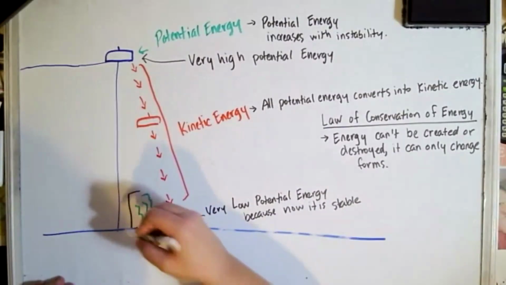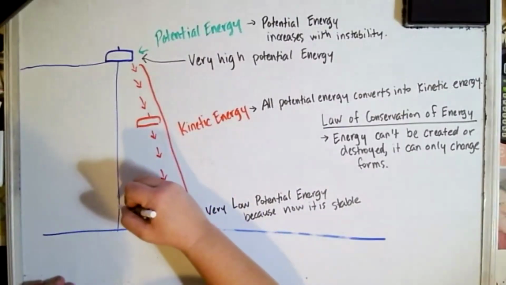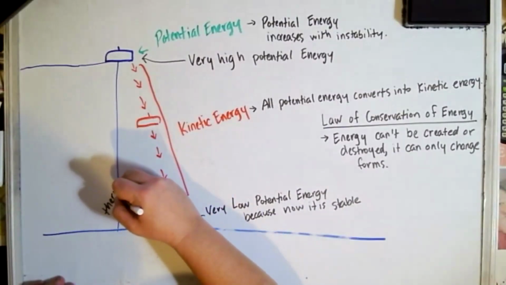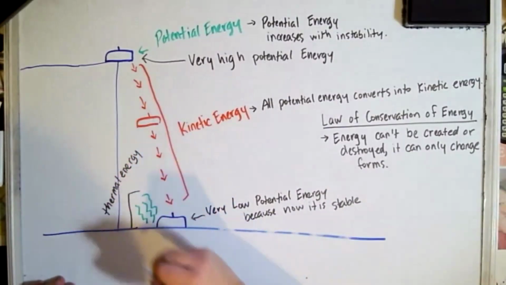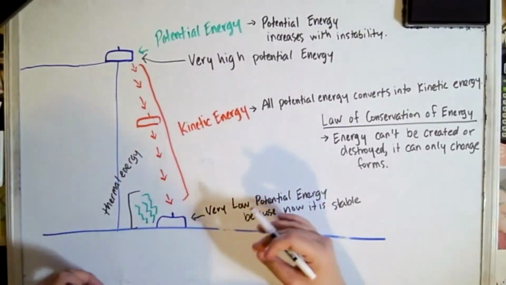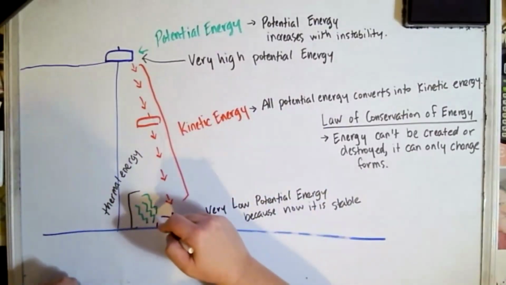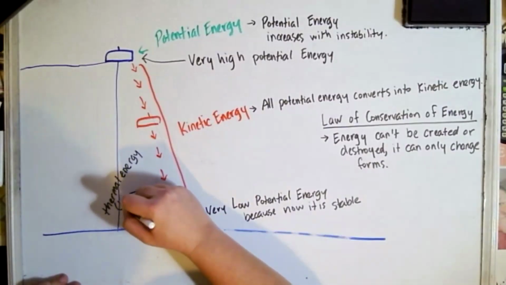These are little heat marks there. So this is going to be our thermal energy. Thermal energy is just another type of kinetic energy, but it's kinetic energy that specifically exists as heat. So we'll put heat in parentheses here.